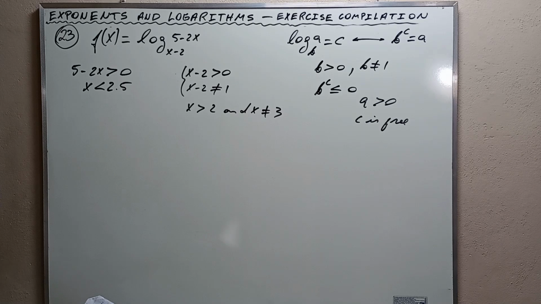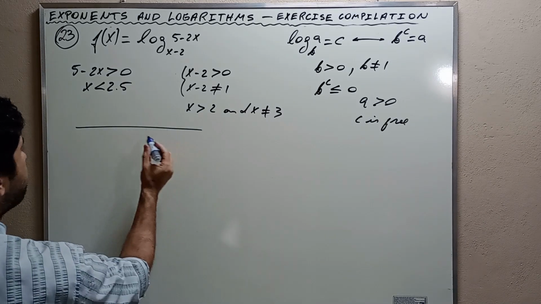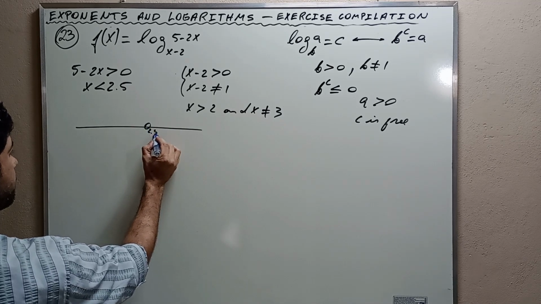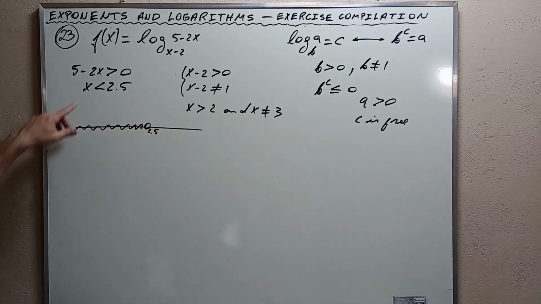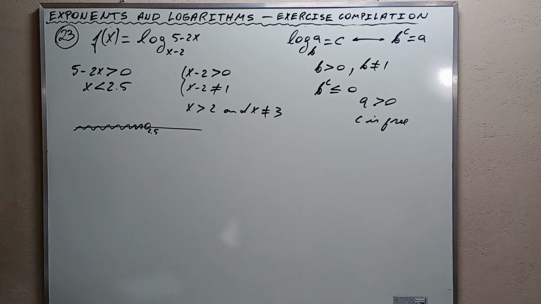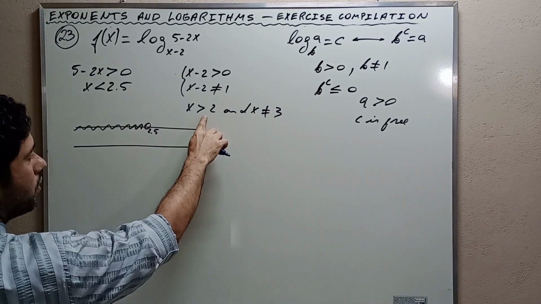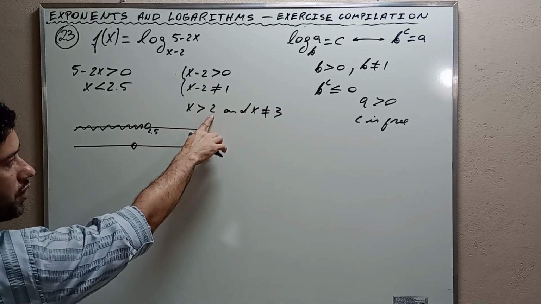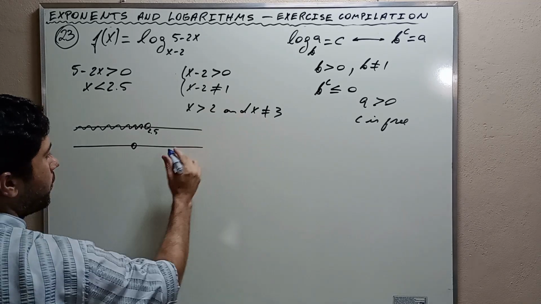Let's put them together. 2.5 here. X less than 2.5. X has to be greater than 2, but not equal to 3.